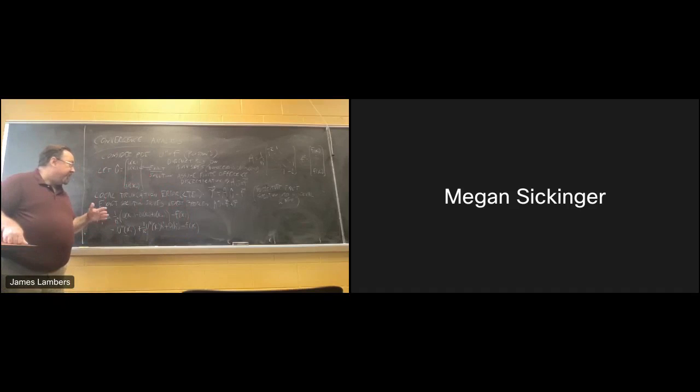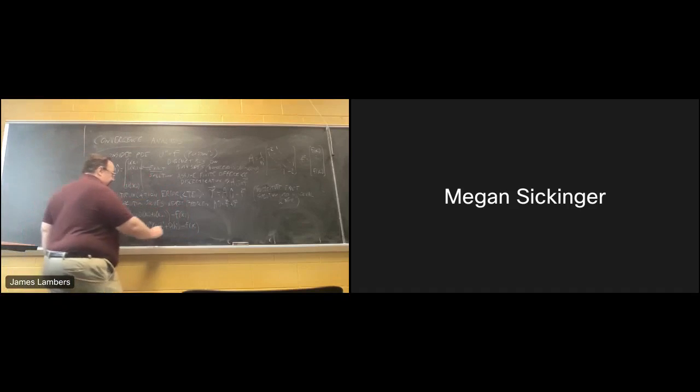But here's where we use the fact that U is the exact solution. U double prime is equal to F. So these terms cancel. So the local truncation error is H squared over 12 times the fourth derivative of U, plus lower order terms that are order H to the 4th.